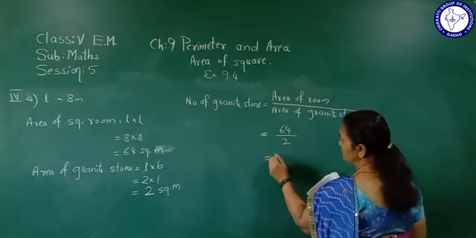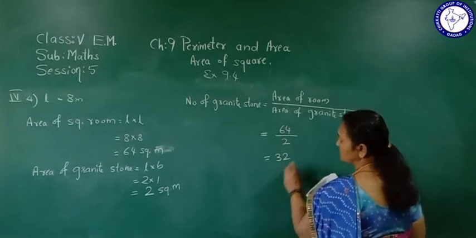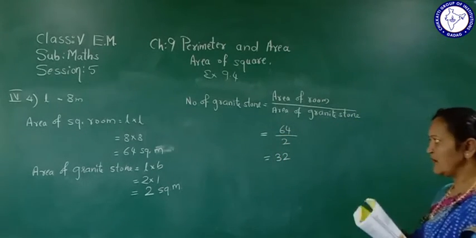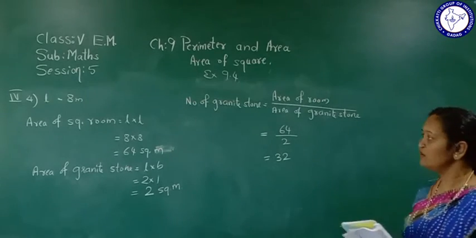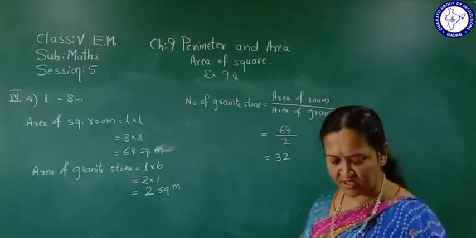So here 2 threes are 6 and 2 twos are 4. 32 stones are required. 32 granite stones are required to complete the floor. Now last question, fifth question.